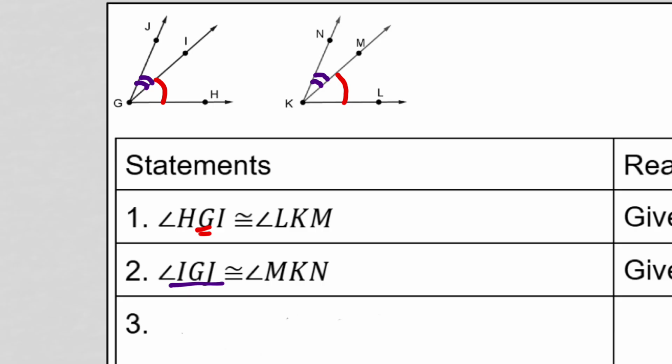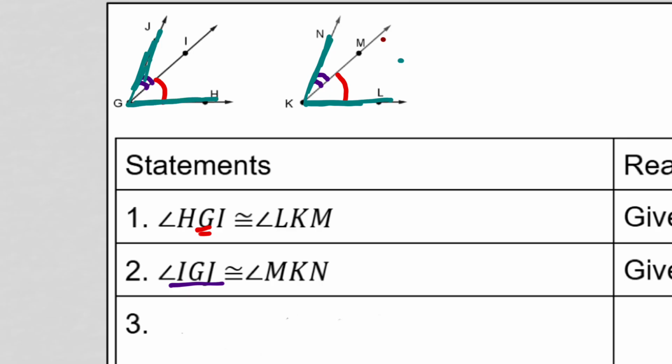Now, the conclusion is going to be that the full angle, which I'm going to actually just trace the full angle for now, let's see, I'll use this color, this full angle is congruent to this full angle.